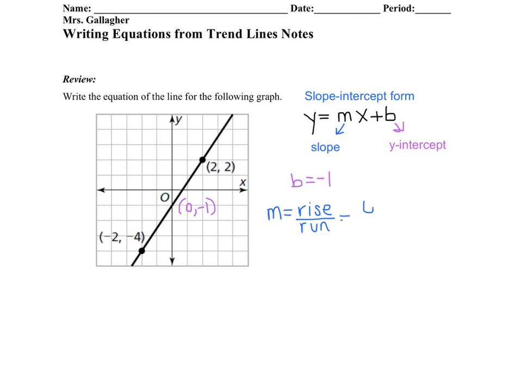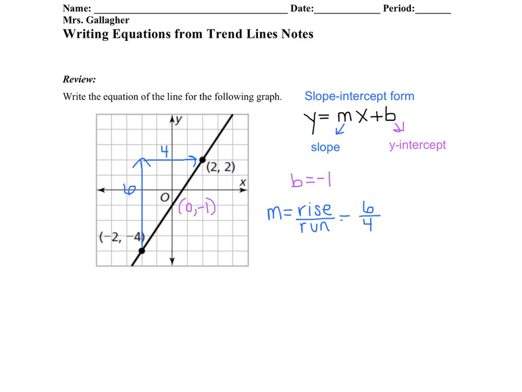So we rose 6. And then we're going to run 1, 2, 3, 4. So we ran 4. Again, you're going to rise 6 and you run 4. Then you want to say to yourself, is this a positive or a negative slope? It's positive, it's going uphill.